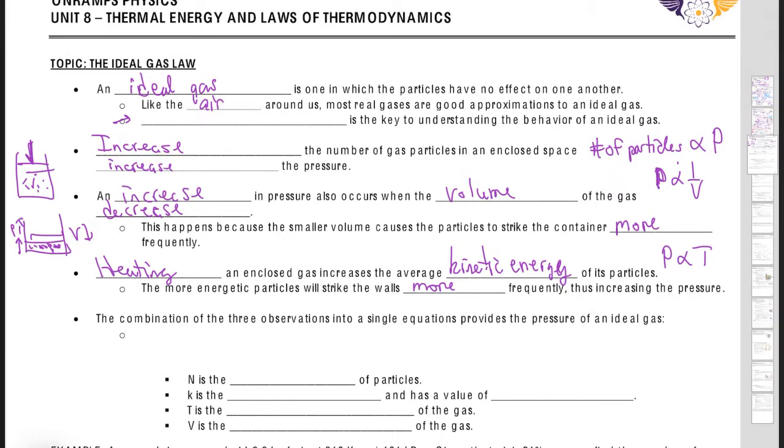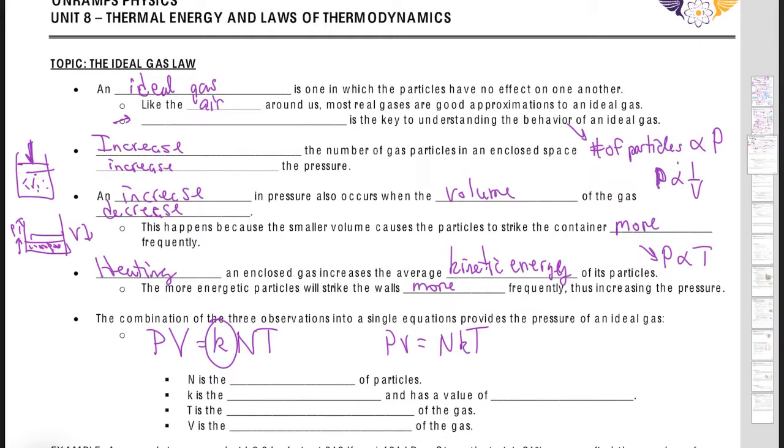And so we talked about PV, the inverse relationship, equals the number of particles times T, because that's what we get in these relationships. But then we have this constant of proportionality, K. Sometimes you'll see this equation as PV equals NKT. You can write it whichever way you want.